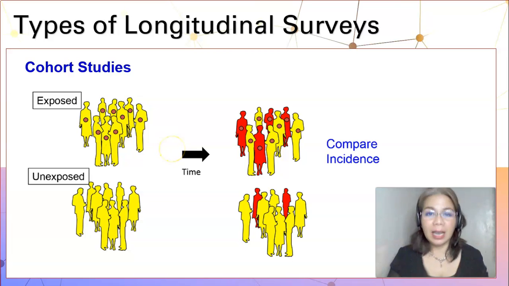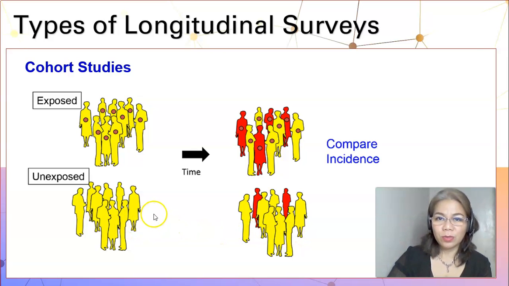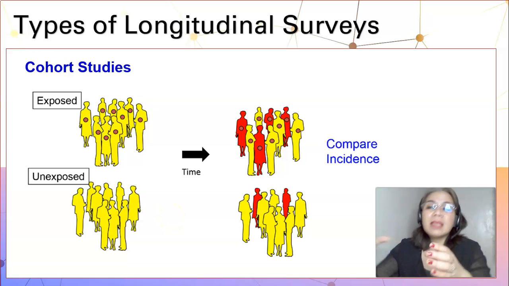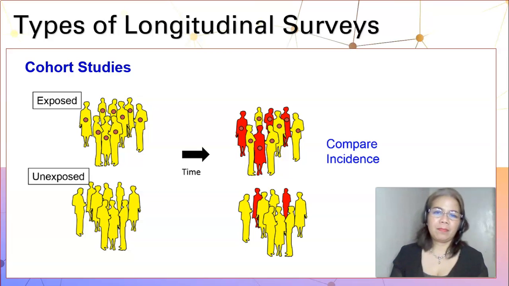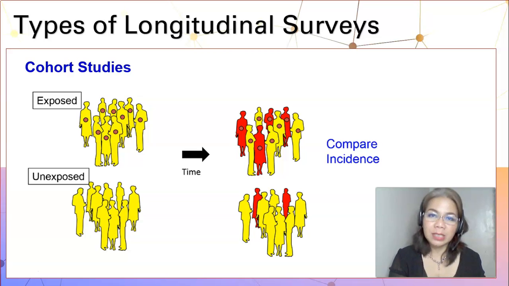And then over time, the health practitioners or the health researcher will observe them. What is the outcome of those people who had been exposed to cigarette smoke? And what is the outcome of those individuals who had not been exposed to cigarette smoke? So again, the purpose of cohort study is to determine the possible outcome based on the identified characteristics of the sample under study.